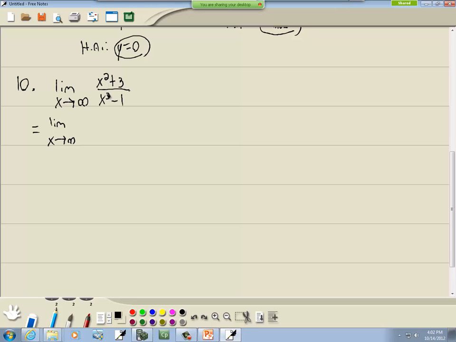Well, what we can do is we can divide everything in this fraction by x to the largest power on the bottom. Like on the bottom part here, our x to the largest power is the third. So we're going to divide everything by x to the third. So I got x squared over x to the third plus 3 over x to the third, all over x to the third over x to the third minus 1 over x to the third.